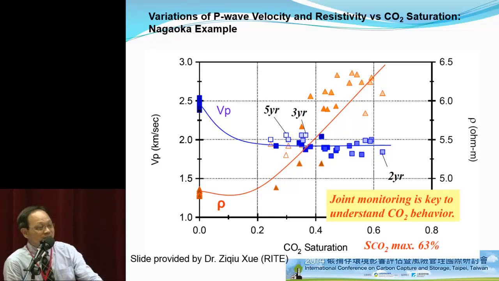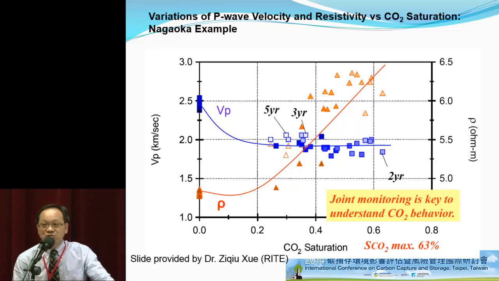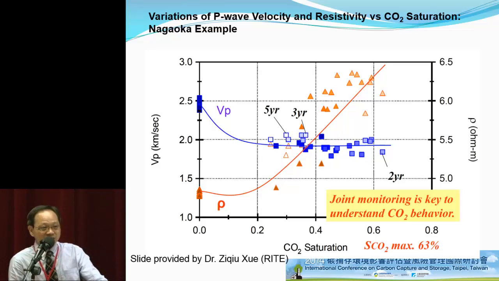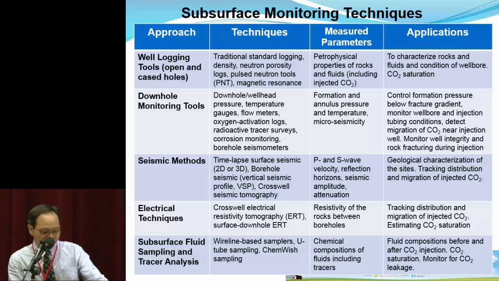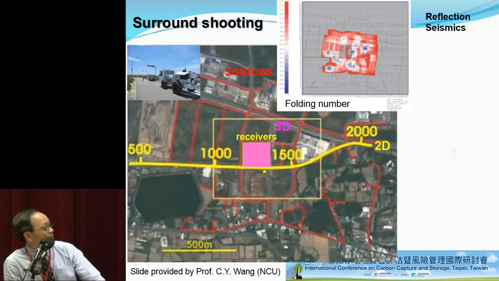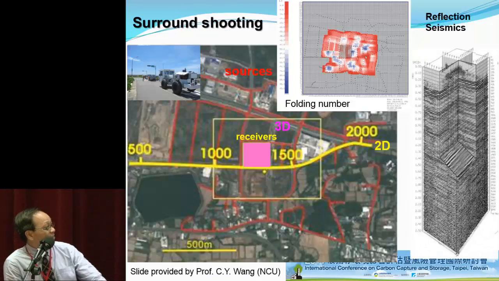For resistivity, it is less sensitive to low concentrations of CO2, but very sensitive to high concentrations. So if we can perform joint inversion of the seismic velocity and the resistivity, we can ideally quantify the amount of CO2 injected and its spatial distribution. So in this case, seismic is quite important, and also electrical techniques.